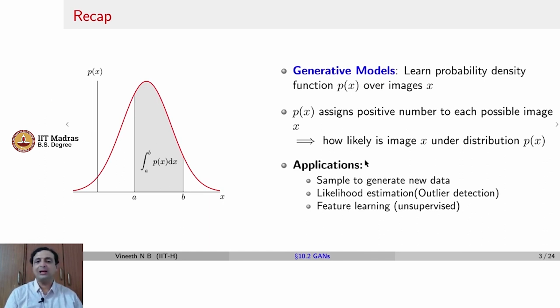It tells us how likely that image X is under that distribution P of X. And we said that applications of generative models include sampling and generating new data, and likelihood estimation, which could help you in outlier detection because you have a certain distribution and you have a certain likelihood of a data point belonging to a distribution. If that likelihood is very low, it's likely that the point was an outlier. Similarly, you can also do feature learning, which we'll talk about more in this lecture.